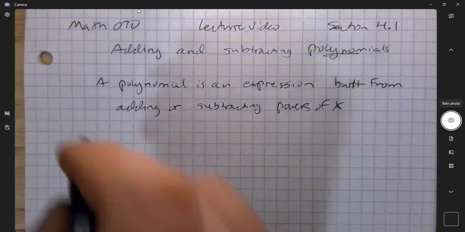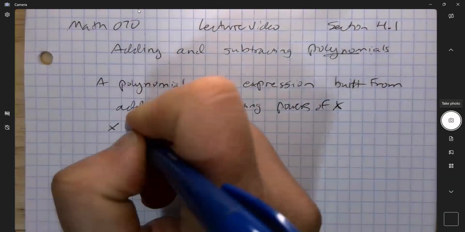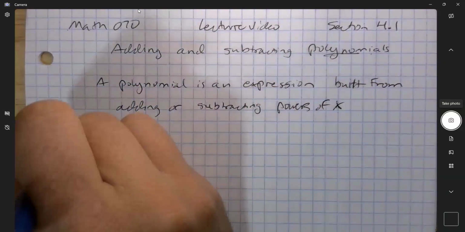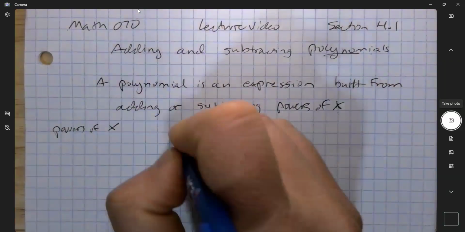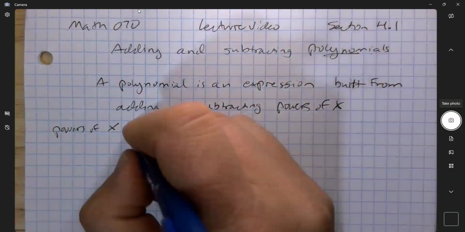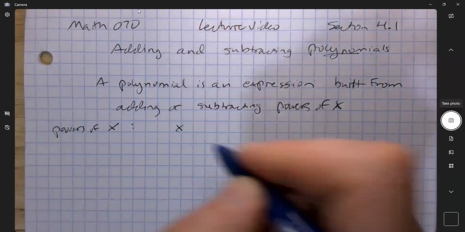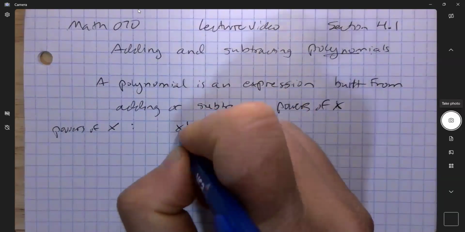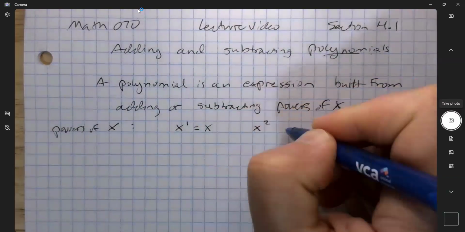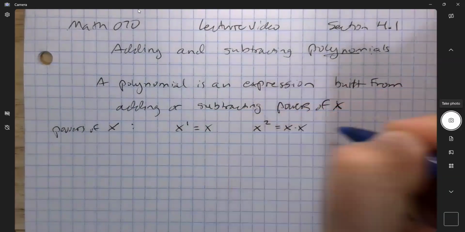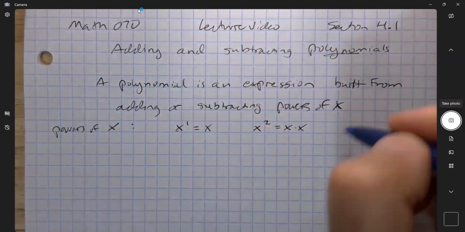So let me give an example of just powers of x. We have just plain old x. That's a power of x. Technically, that's x to the first, but we don't worry about it. We just say x. X squared is a power of x, which means x times x.